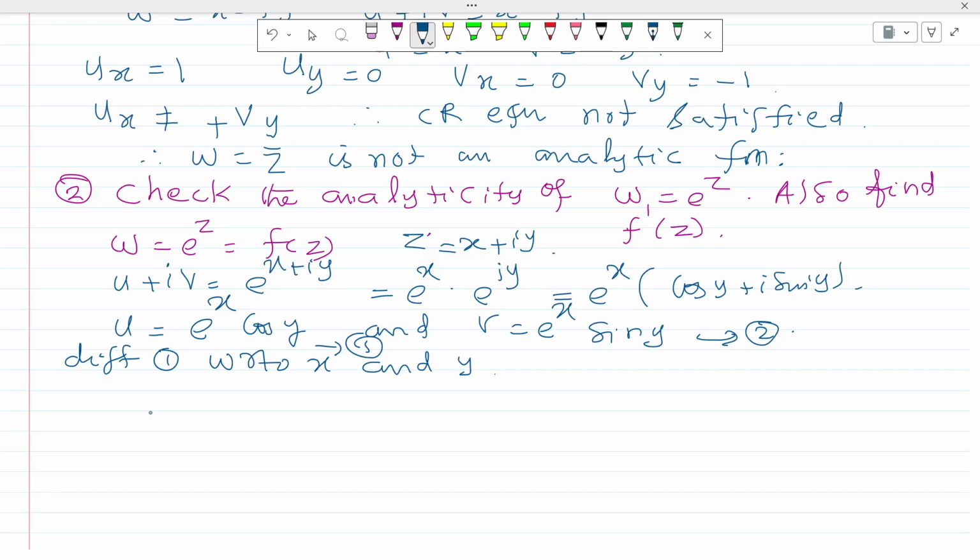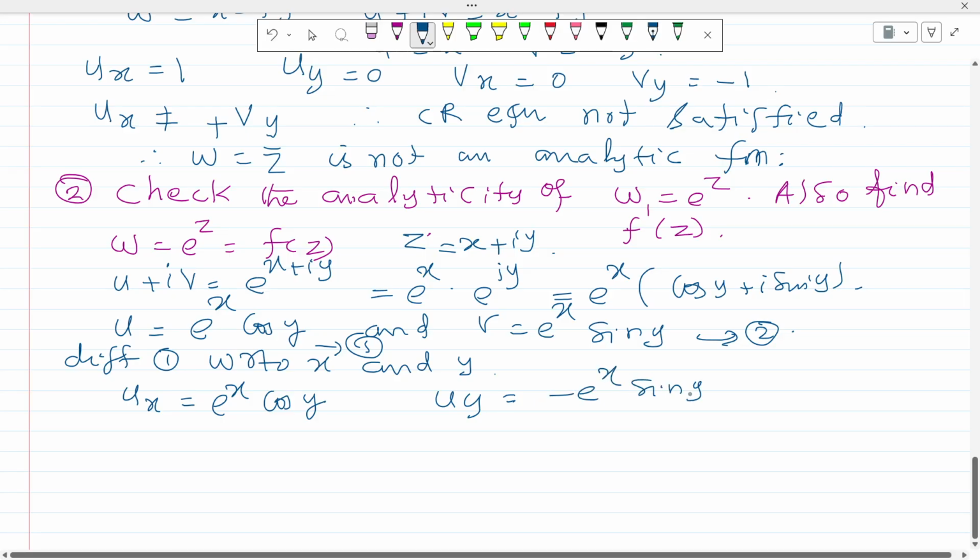What do you get? ux equal to e power x cos y, uy is minus e power x sin y.